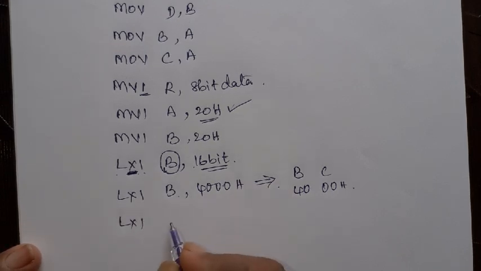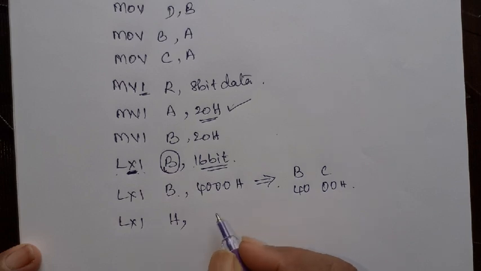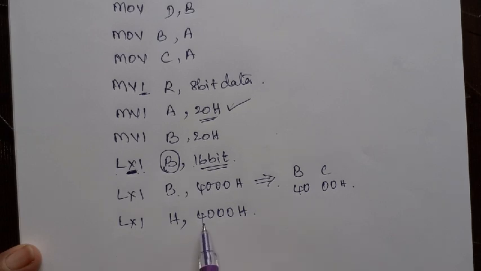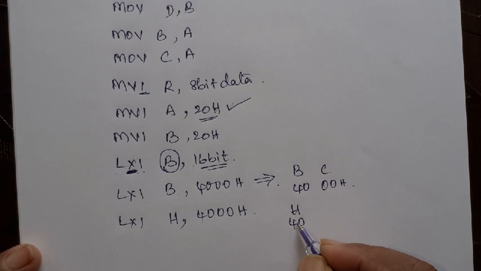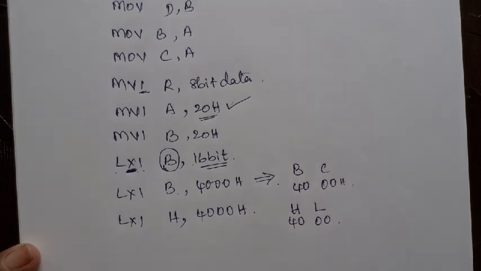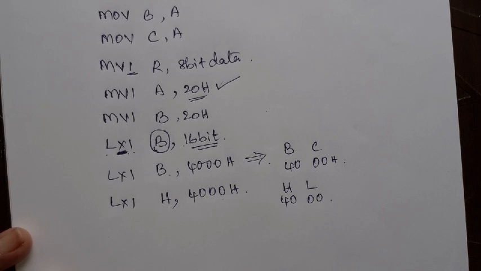In the same way we can have load H with 4000H. So here in H we will have 40 and the L register will be loaded with 00H.